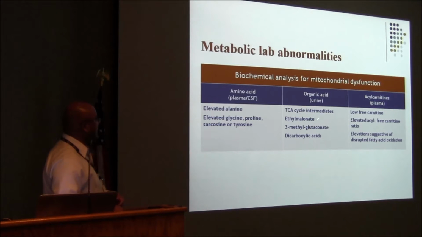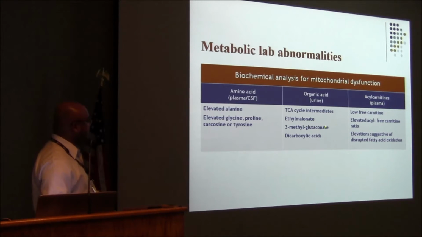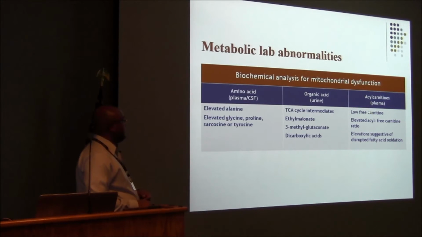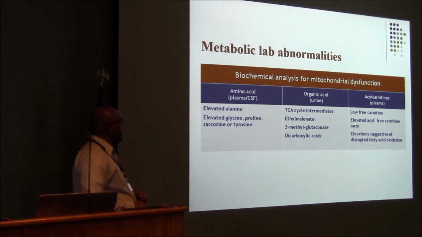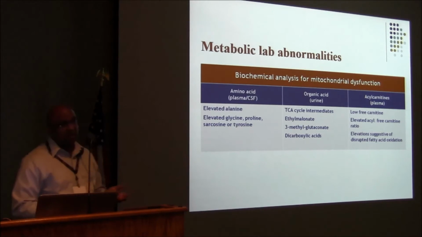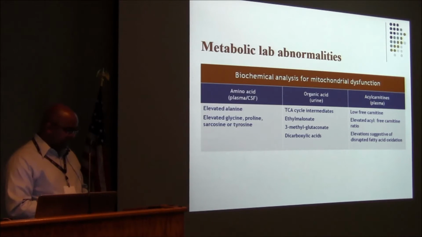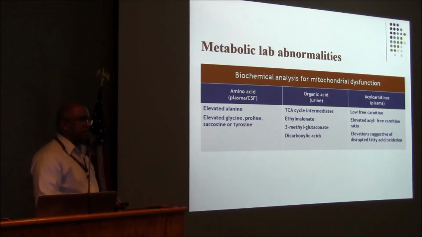And from urine organic analysis, you see ethylmalonate, 3-methylglutaconate. This is actually a pretty good marker for mitochondrial disorders. And you see a lot of dicarboxylic acid elevations. And from acylcarnitines, you see low free carnitine, and there are a few acylcarnitine species that are elevated that clue you in, but not definitive again.